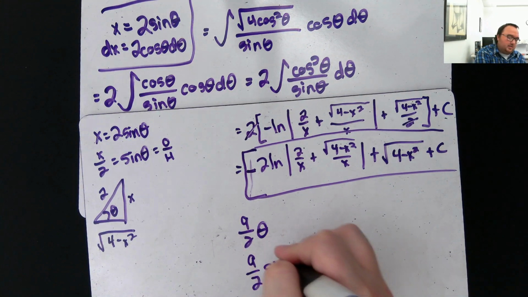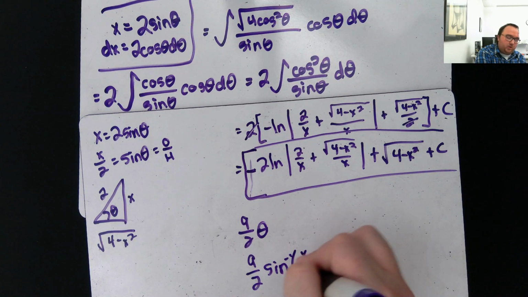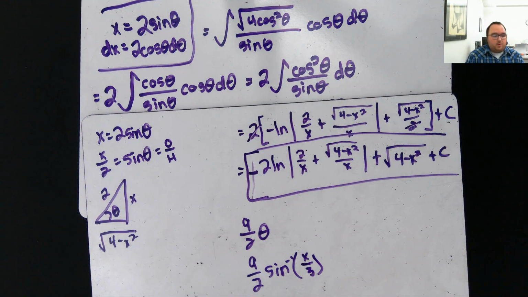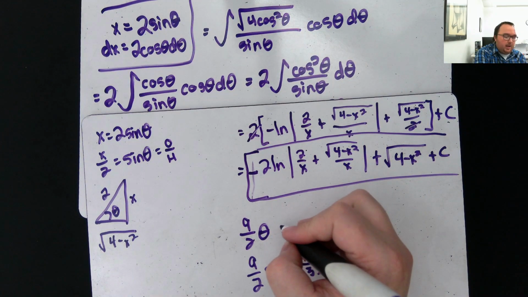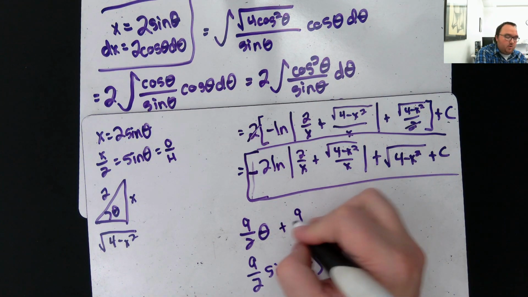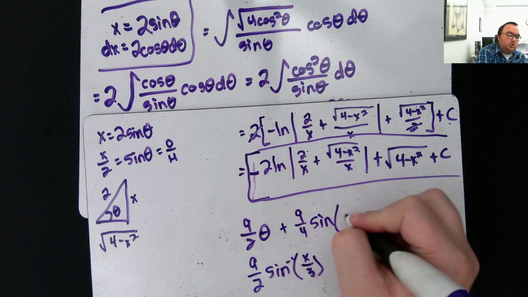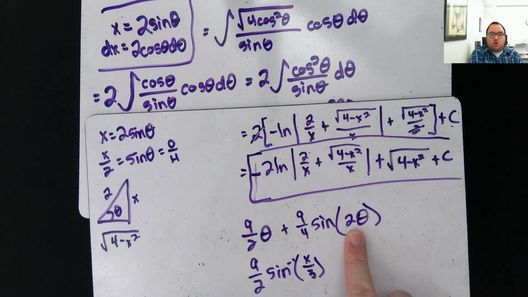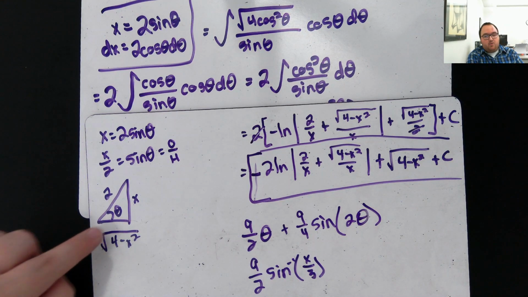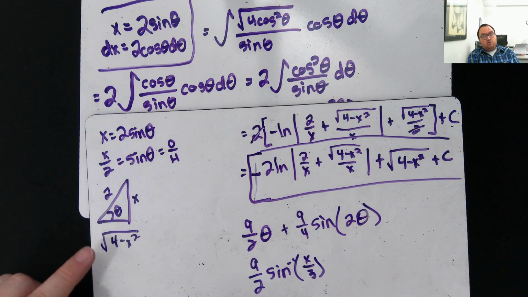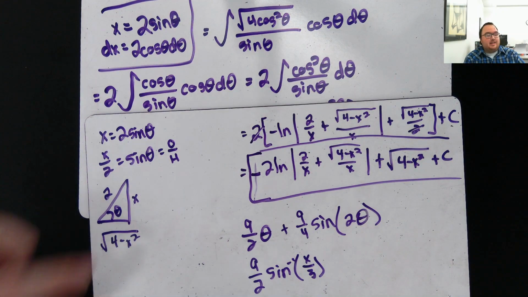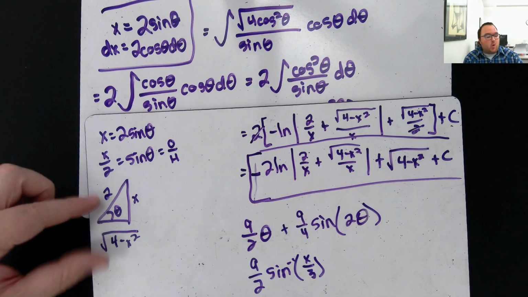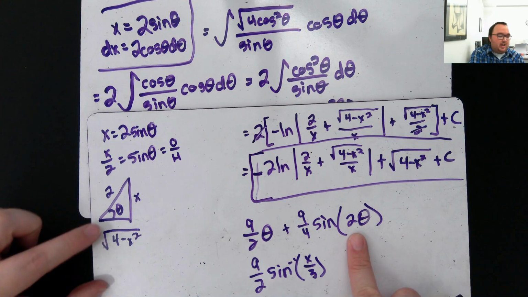Which gave me this. I believe it was x over 3. And then the other part, I'm trying to remember off the top of my head, I believe it was plus 9 over 4 sine 2 theta. So this 2 meant that the theta I was trying to use isn't the same one. So I can't use this because it's 2 times that.